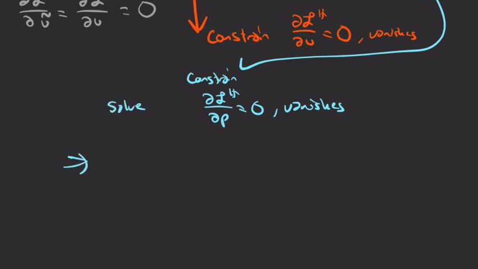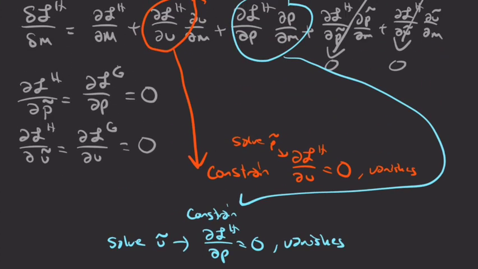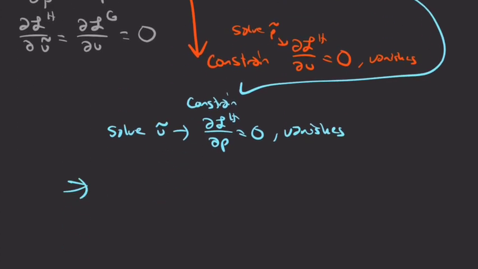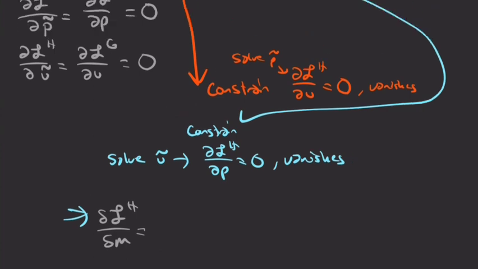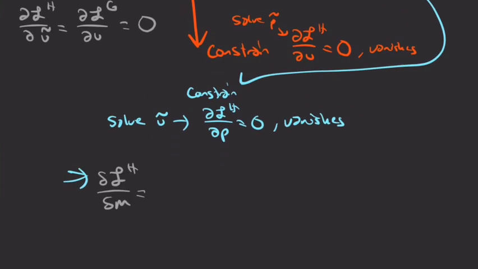So we solve u tilde such that this is true, and if we solve p tilde such that that's true, then we can evaluate it as if it's a partial derivative, just like before.